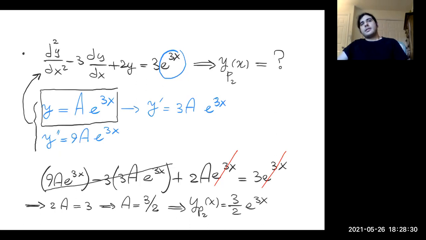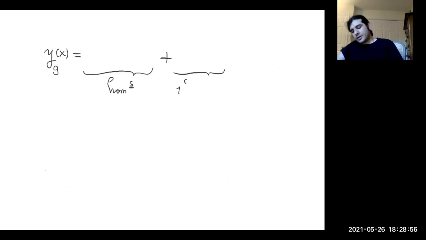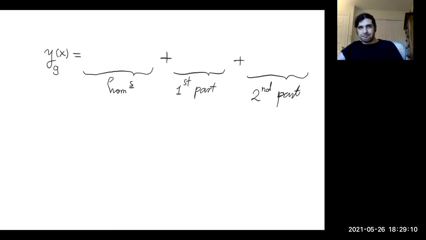Now the final answer, the general solution to the equation, is just a combination of these things. So our general solution has three different parts, right? One is the solution to the homogeneous part. One is the first particular solution we found for the term 1, and then plus the second particular solution we found for 3e to the 3x.